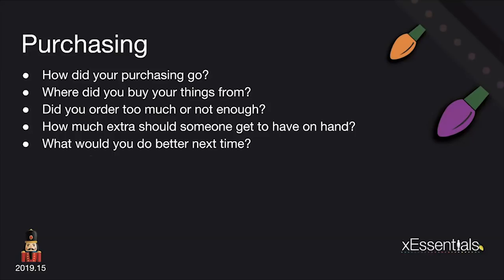So how do you get that balance? How do you order the correct thing? Did you do pre-sales, or did you find it was better just to order as you need it? Did you go overseas, or did you order from U.S. vendors? And what would you recommend for somebody to do better next year? So tell us about your purchasing lessons learned. Bill, you're up first.